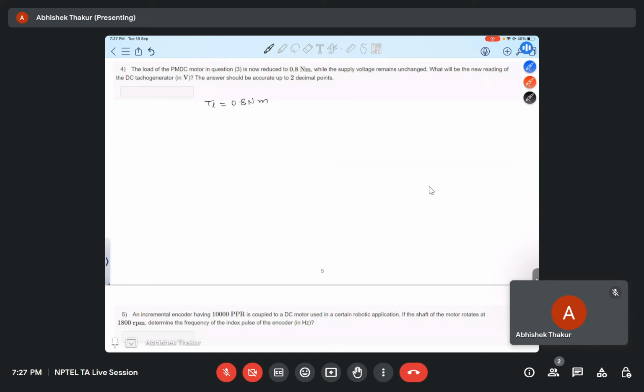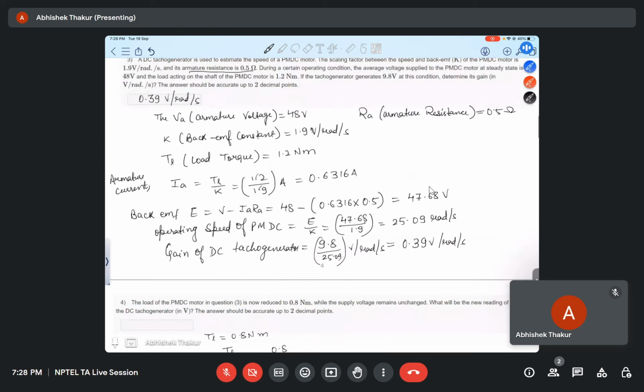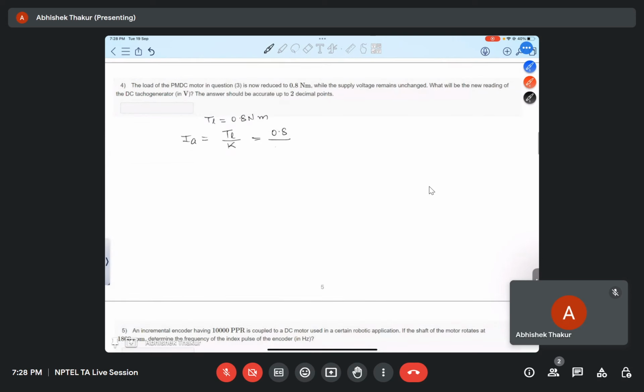So now our IA is equal to TL by K. TL is given as 0.8 now, and K was given as 1.9 volt per radian per second. So you substitute this value. When we calculate this, we'll get the armature current IA as 0.4210 ampere.